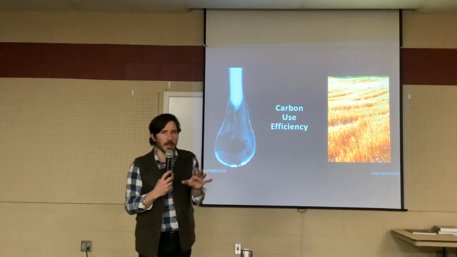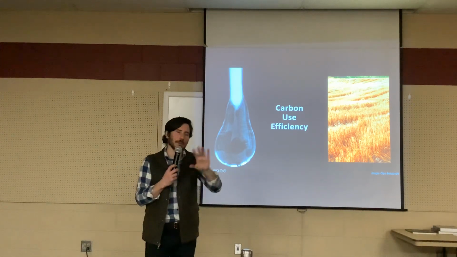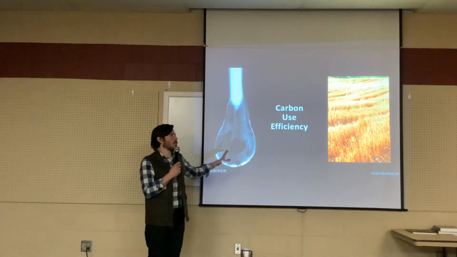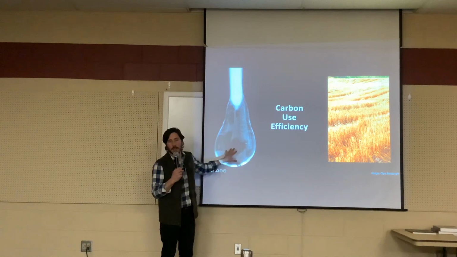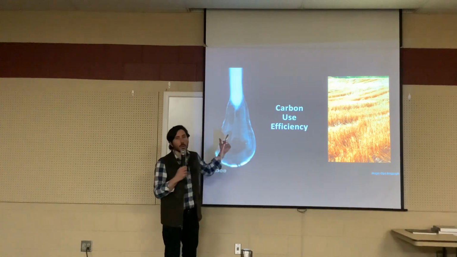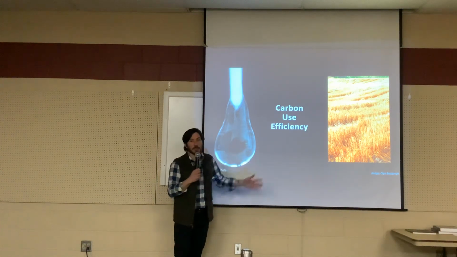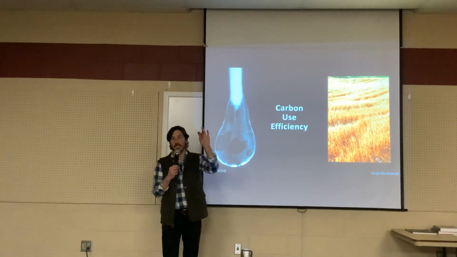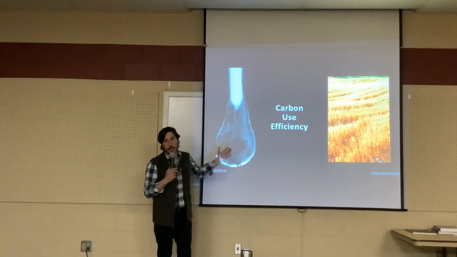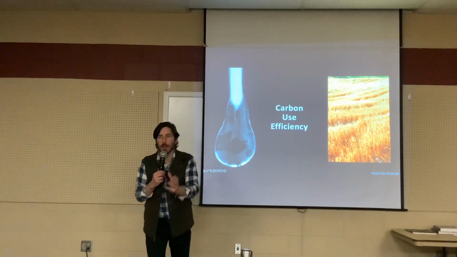This is an emerging idea, so there are knowledge gaps, but where we currently sit on thinking about this is a simple idea of carbon use efficiency, or digestibility. Any of you cow people out there who understand digestibility, it's exactly the same concept, digestibility to the microbes.